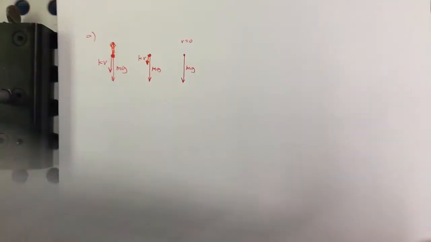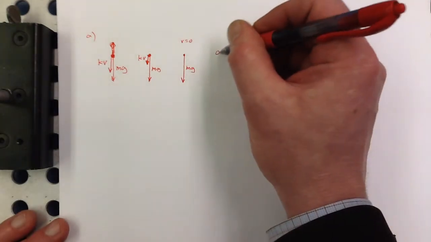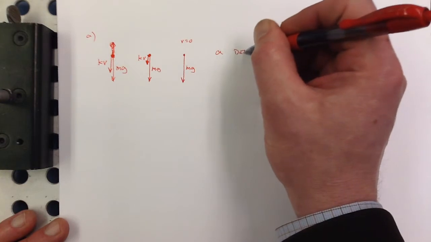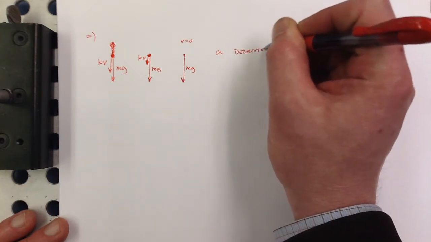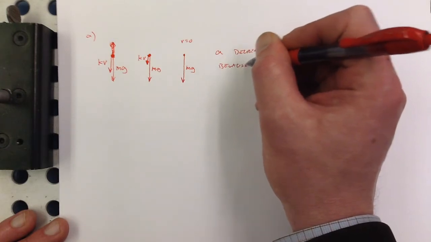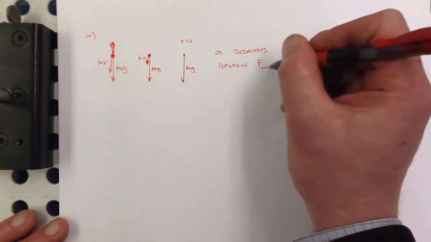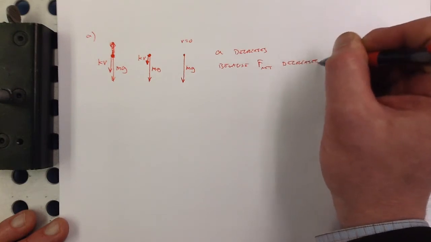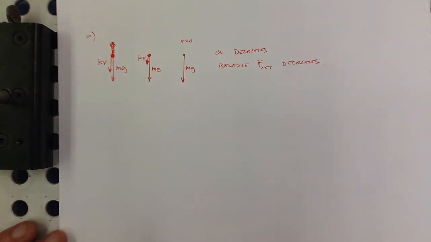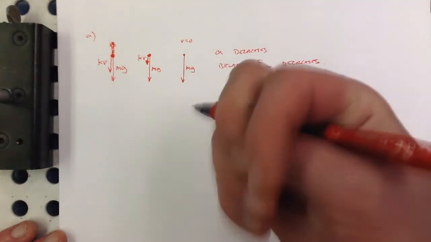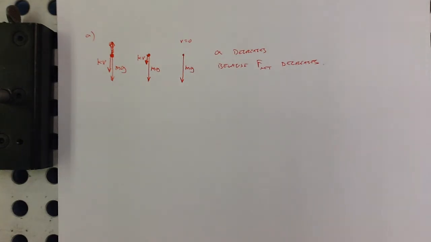So we'll say A decreases because the net force decreases. When it's going up, when it's going fastest, that's when it has the biggest air resistance force against it and gravity. So that's when the acceleration is the greatest, and it will decrease from there.